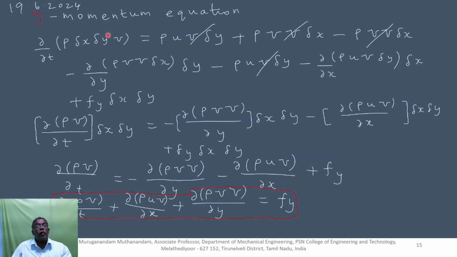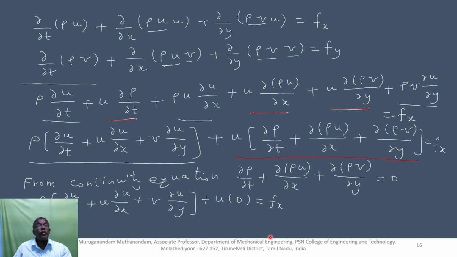Similarly, the y momentum equation is arrived at by extracting the coefficients of the unit vector j in that original vector equation. Now, the x momentum equation is written first, the y momentum equation is written second. The x momentum equation is now expanded. Now I differentiate the products.